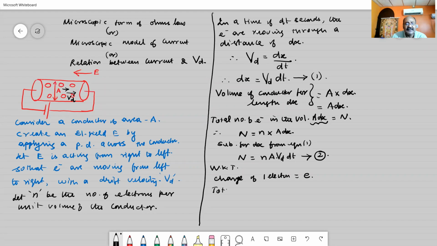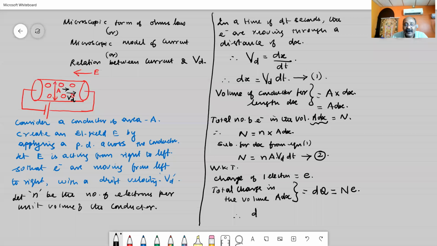So what is the total charge in the volume A dx? I am writing it as dq, which is equal to the total number of electrons multiplied with the charge of one electron.